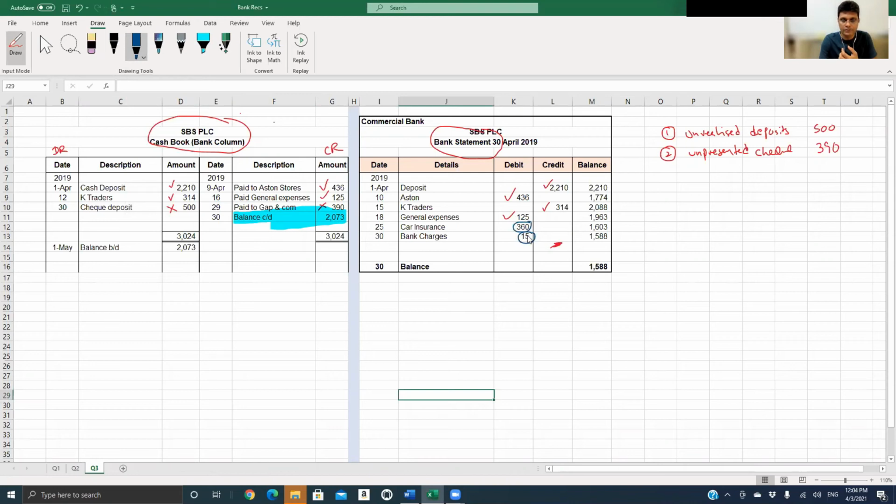Third, car insurance 360 and bank charges 15. What are these two differences? What is the difference between these two differences and the earlier ones? What is the main difference?